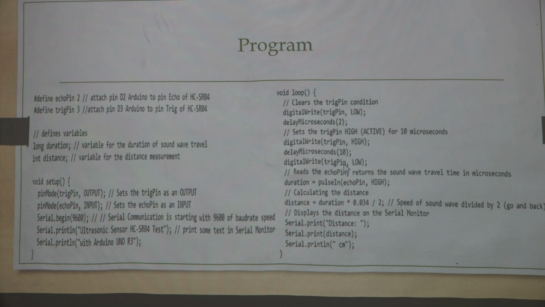Here, 0.034 is the velocity. The final output we get is in centimeter, therefore the 340 meter per second has been converted into centimeter per microsecond, and this is divided by 2. By considering the average, here it is given as the speed of sound waves divided by 2.